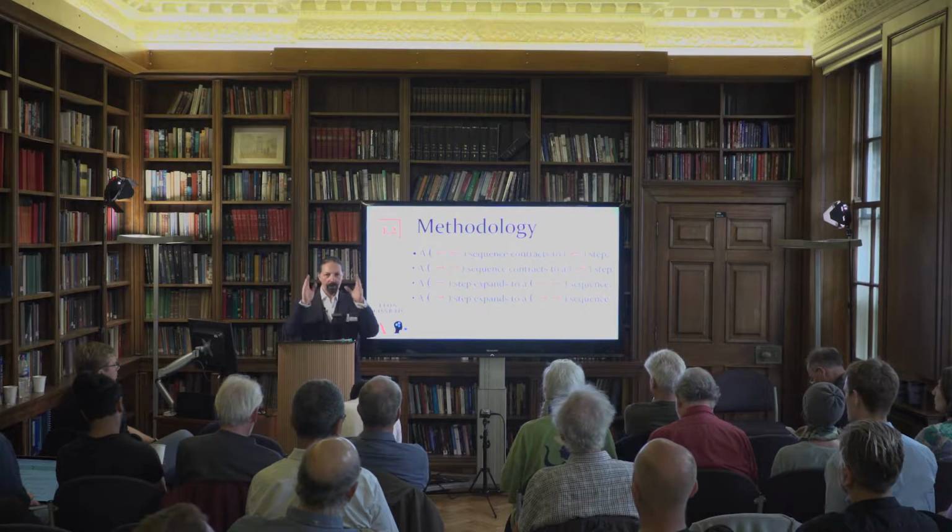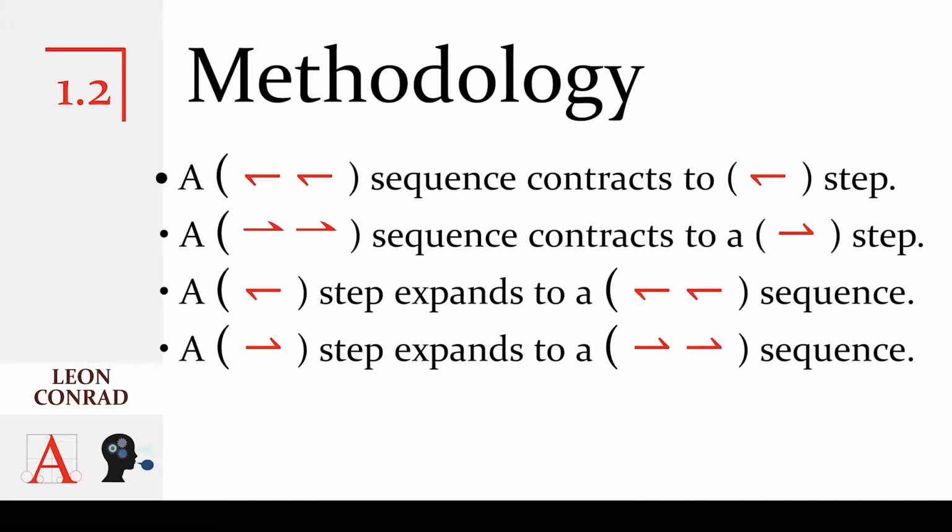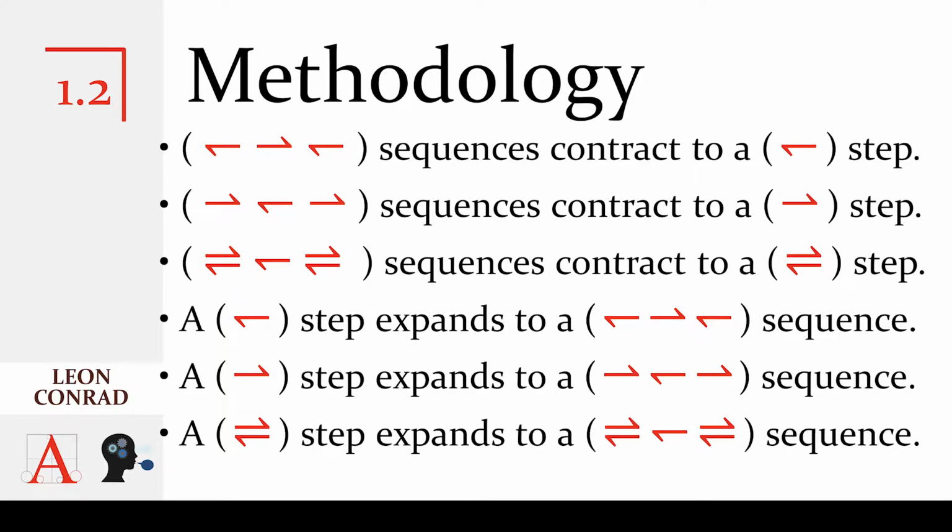There are 2 further rules we apply. 2 similar quality steps can be compressed to 1, and 1 can expand. And triplicities of backwards, forwards, backwards, or forwards, backwards, forwards, or bivalence, backwards, bivalence, can contract to 1 step that equates to the outer value of these.